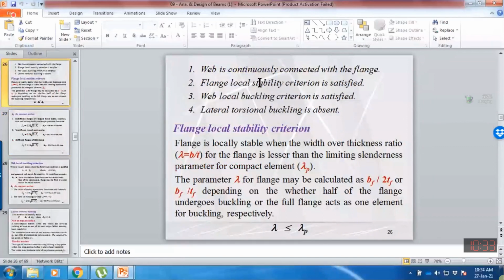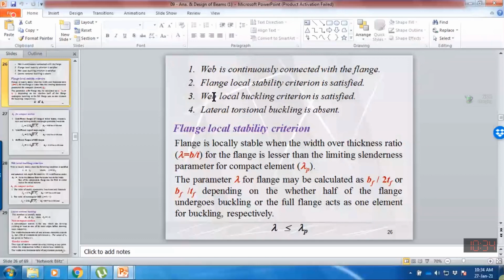Similarly, we have two limiting values for the flange, lambda p and lambda r. Similarly, for web local buckling, we have lambda pw and lambda rw. So in case of the hot rolled section, the flange is always compact, and the web is also compact, meaning that lambda f and lambda w are less than the corresponding lambda p value.